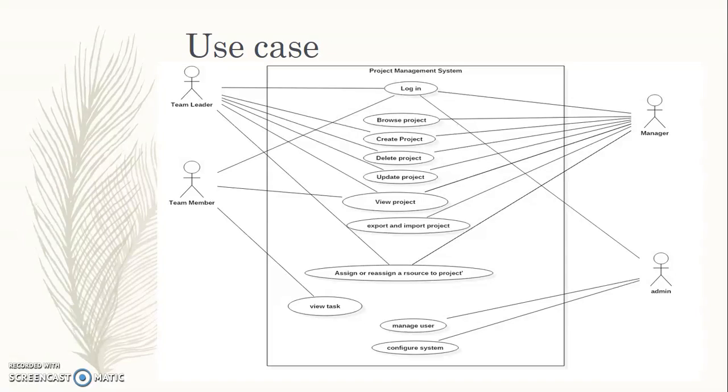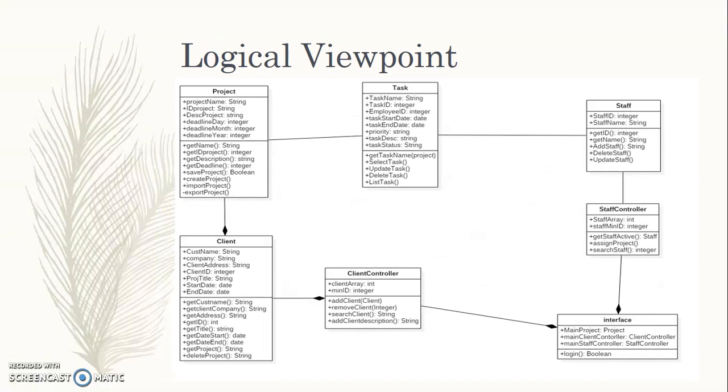Next, I will explain the class diagram for the project management system. First of all, we have seven classes, including the interface class. The main class is the project. The project's attributes include name, project ID, project description, and deadline day, month and year.